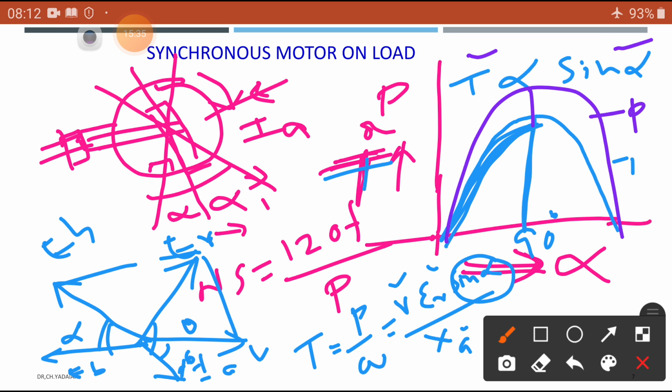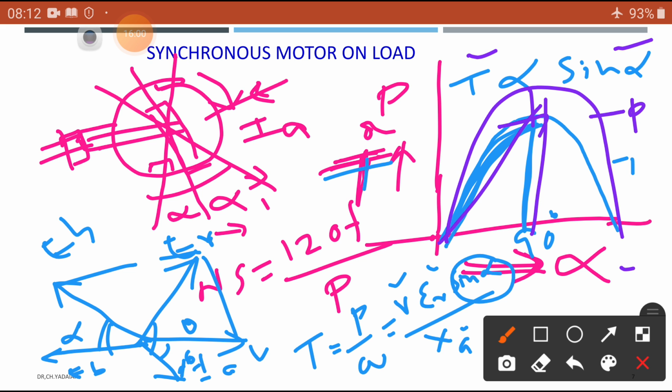Both power and torque vary sinusoidally with power angle alpha. The machine can be gradually loaded up to P maximum, the maximum power, that is V into ER into sin alpha by XS.